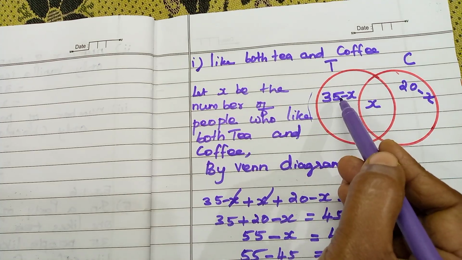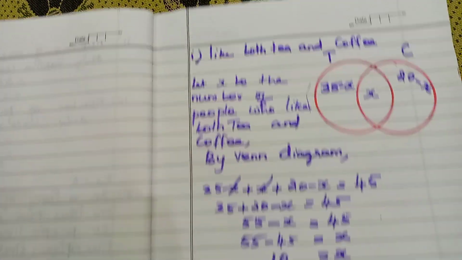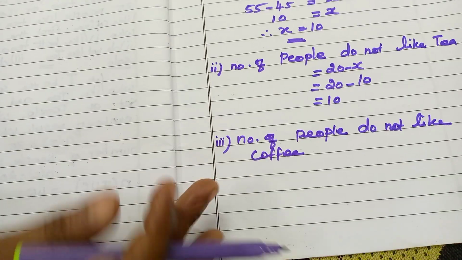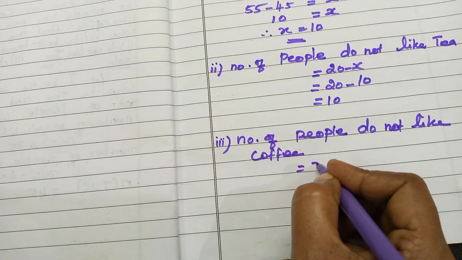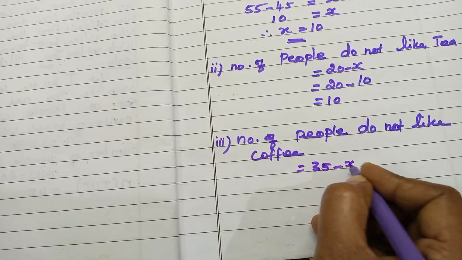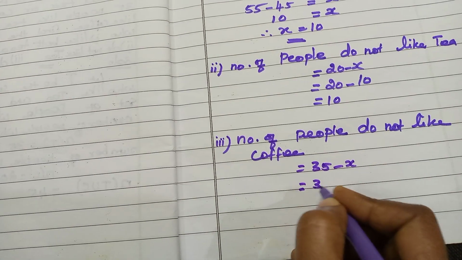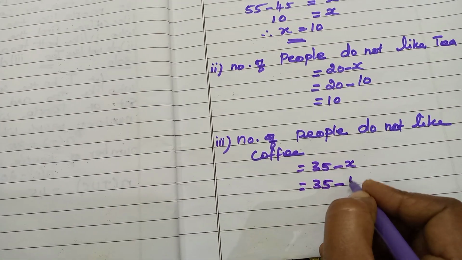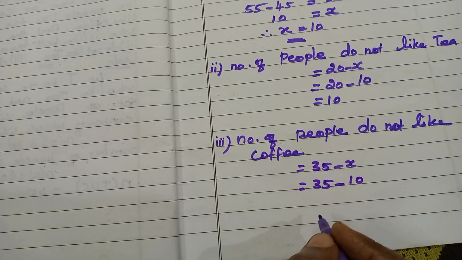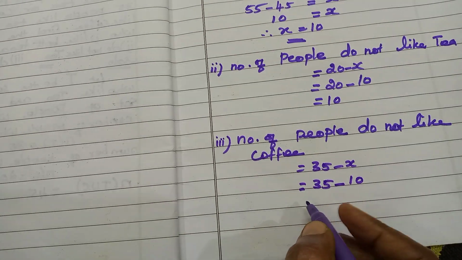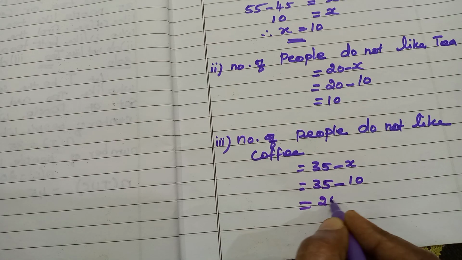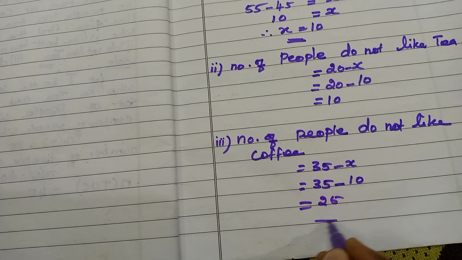Only the remaining part, 35 minus x. So the number of people who do not like coffee is 35 minus x, which is 35 minus 10, equal to 25. Understood, students?